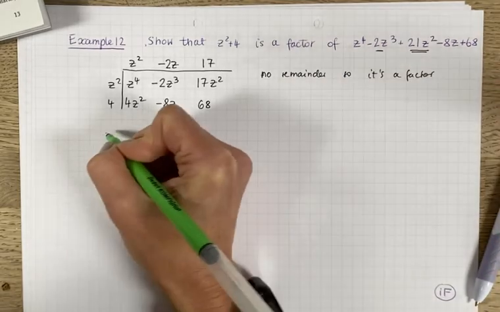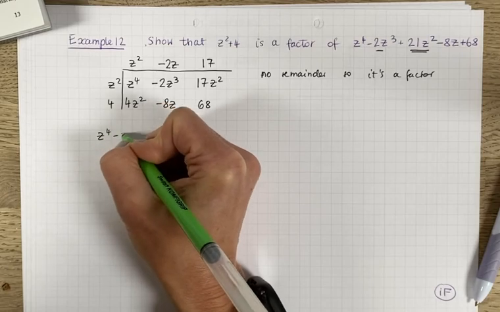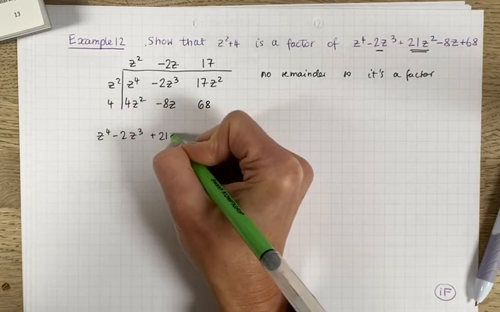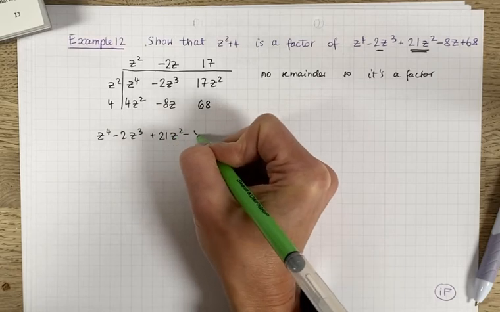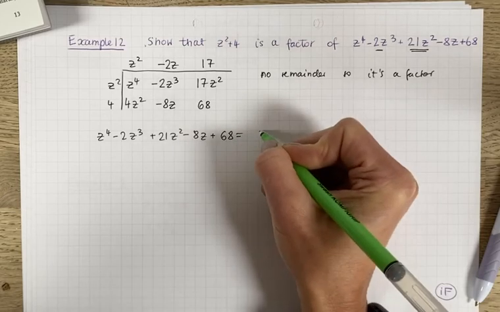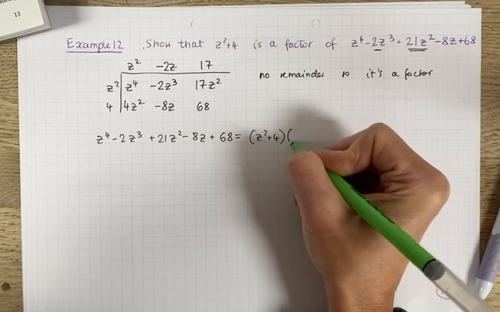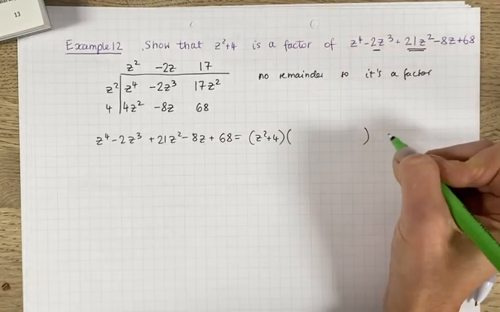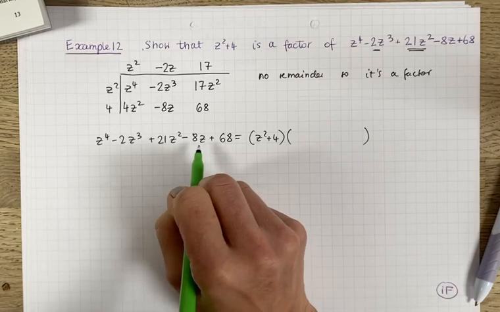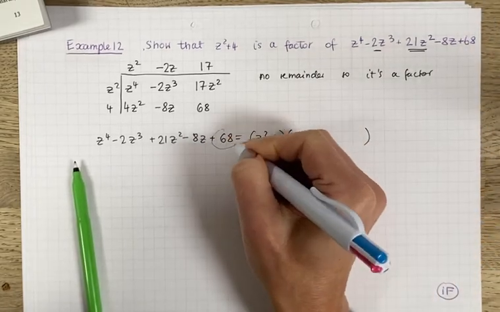Alternatively, let's do the comparing coefficients. So z to the power 4 minus 2z cubed plus 21z squared minus 8z plus 68 is z squared plus 4 times another quadratic. And we are going to find it by using logic. So let's find the end term.